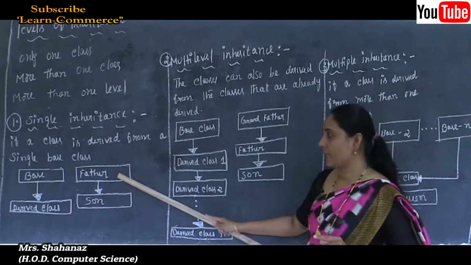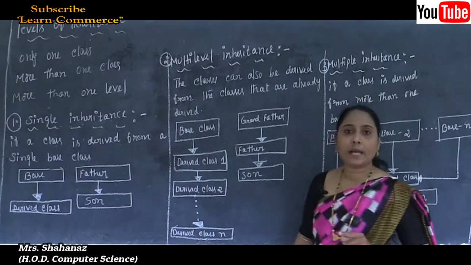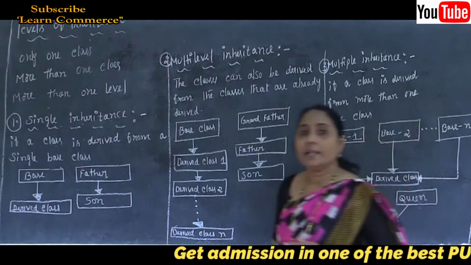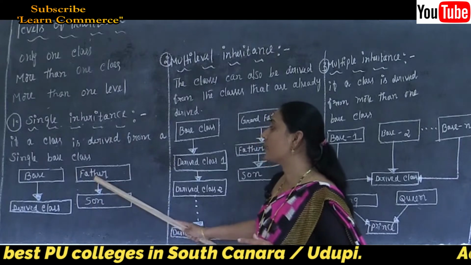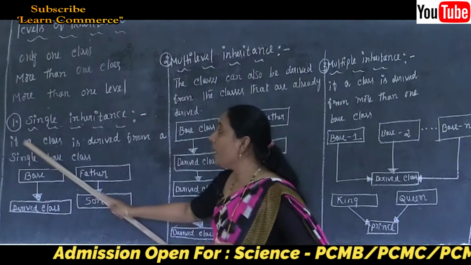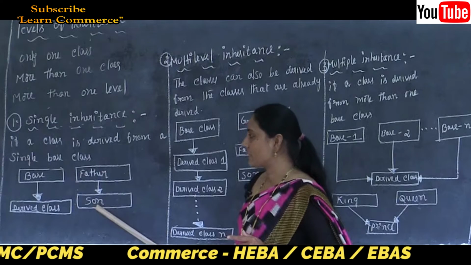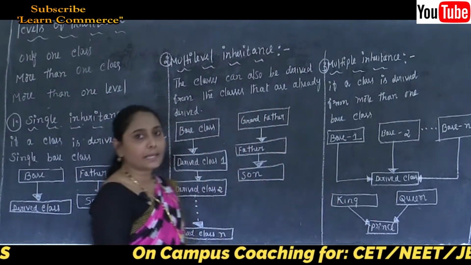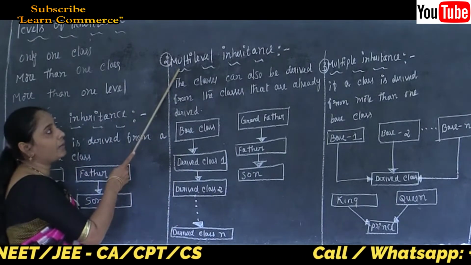In this example, father is the base class and son is the derived class. The son class is constructed using a single base class, whose name is father. So if a class is derived from a single base class, this is called single inheritance.